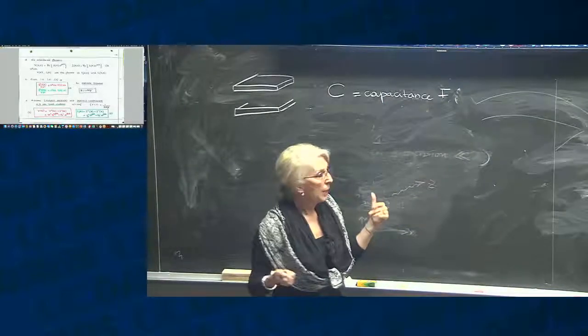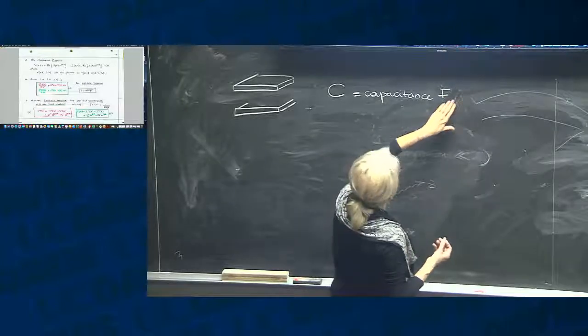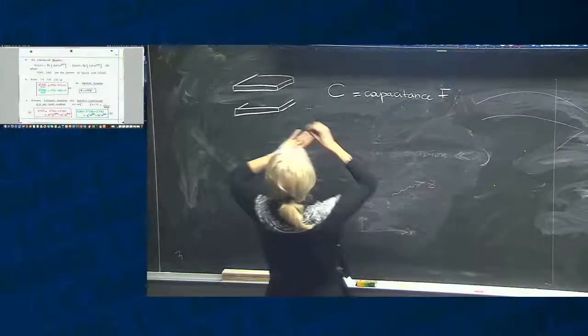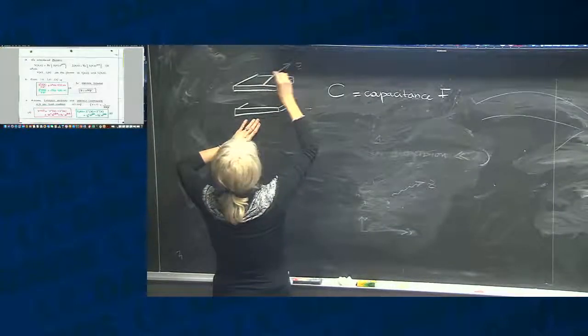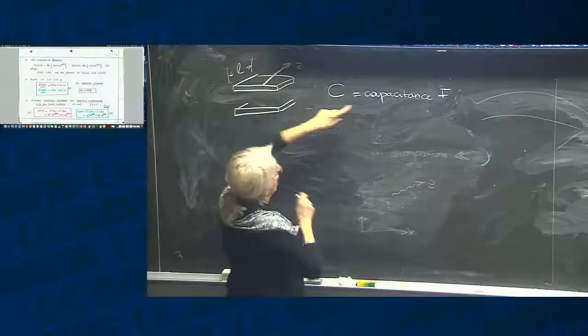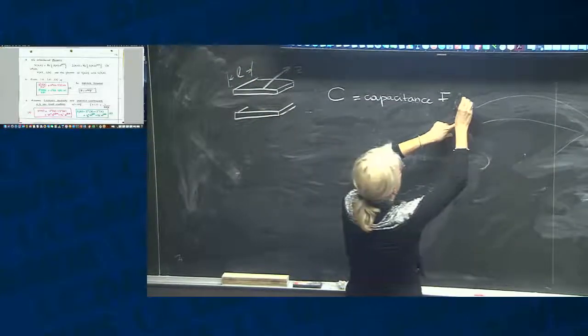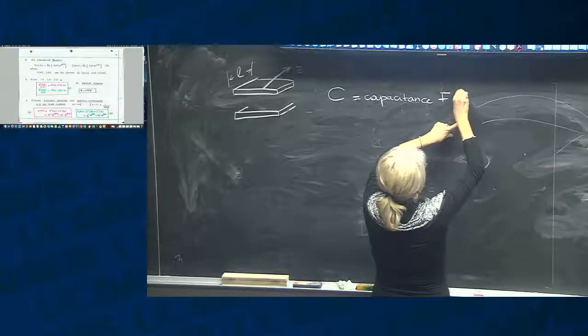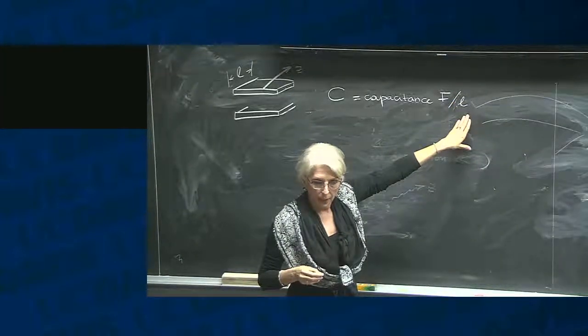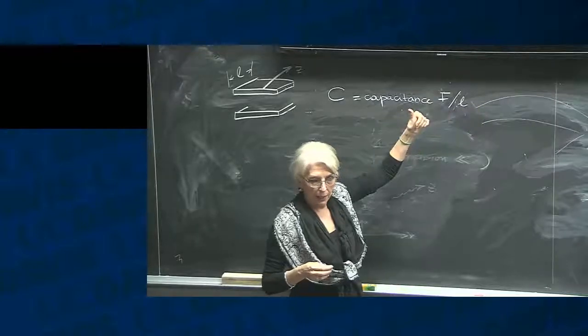So when we found the capacitance, if this still was the z direction, and if that was L, we found a capacitance for a given length L. And then I would have to write it like this, meaning more length, higher capacitance.